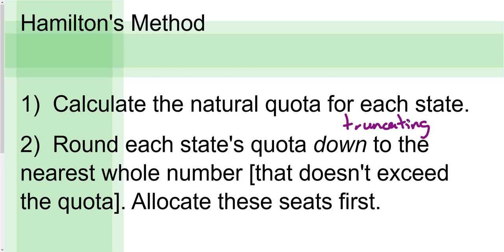So when Connecticut was 5.06, we allocated 5. We've earned those 5 representatives. Same thing with Mexico. Mexico had 98.91. We allocate the first 98 of them because they've absolutely earned those. They have a full group of representation. Eventually they'll earn the last one, but we'll get to that.